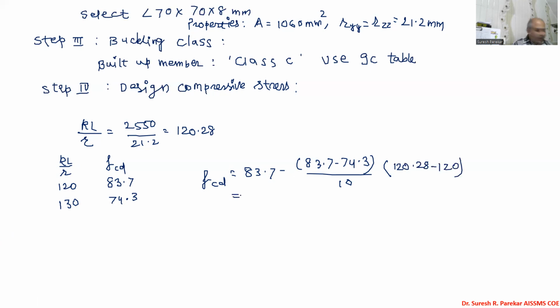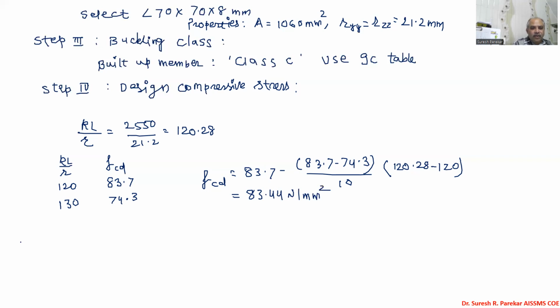So 83.7 minus 74.3 divided by 10 multiplied by 0.28 gives FCD equal to 83.44 Newton per mm square.